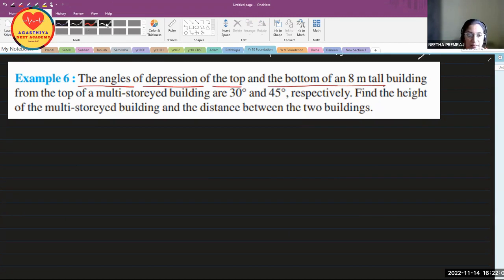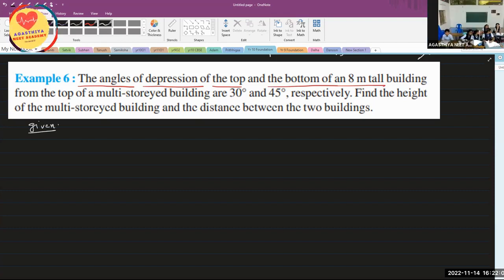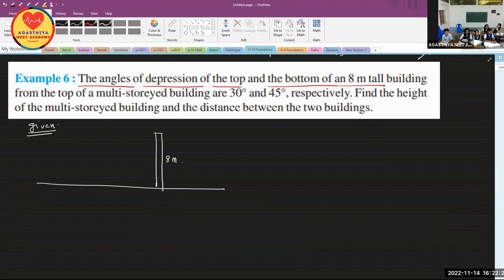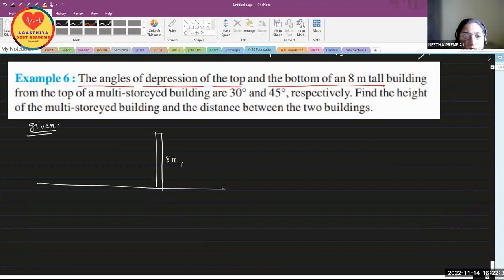See, there is an 8-meter tall building. And there is another building.